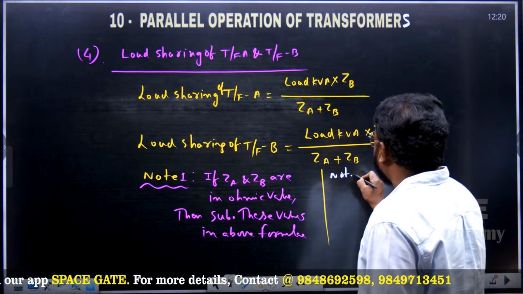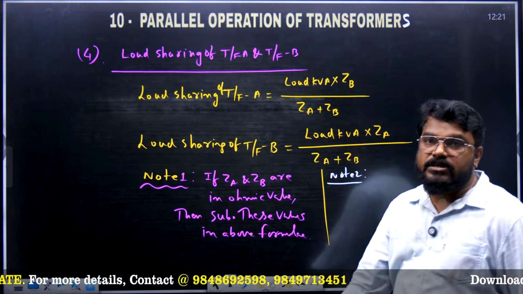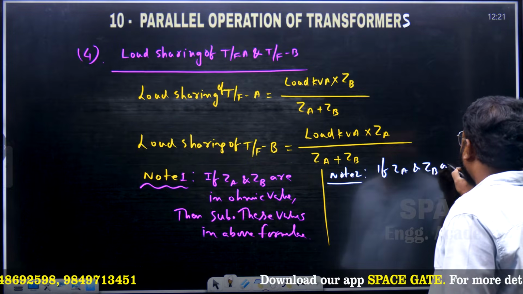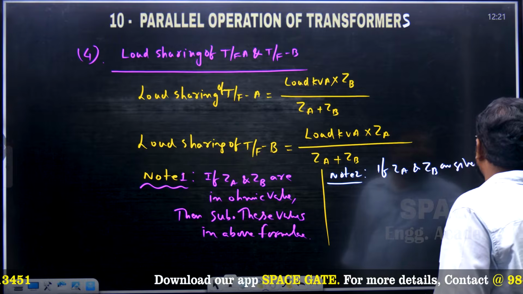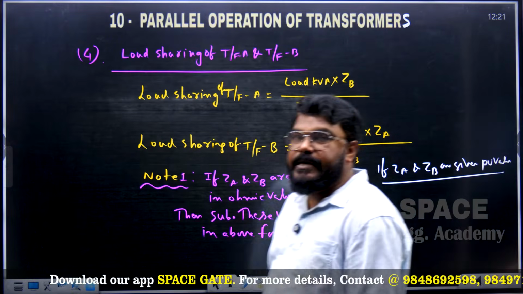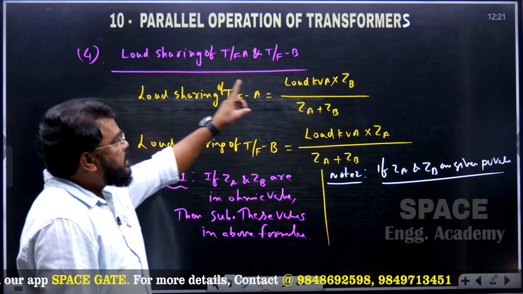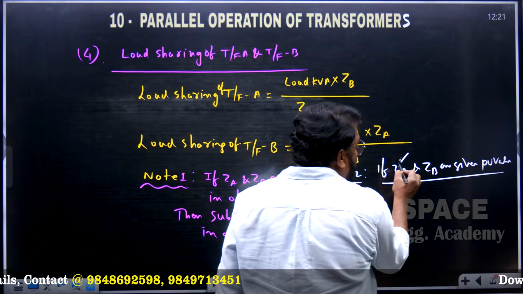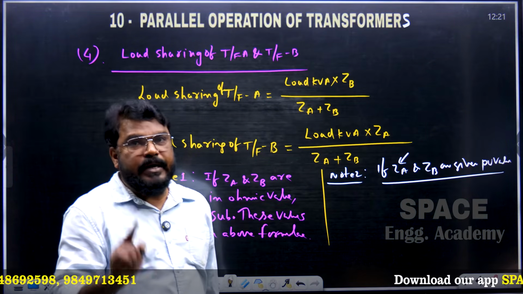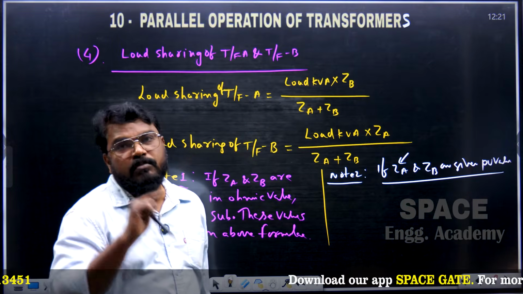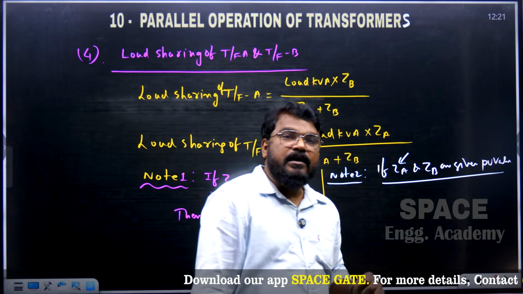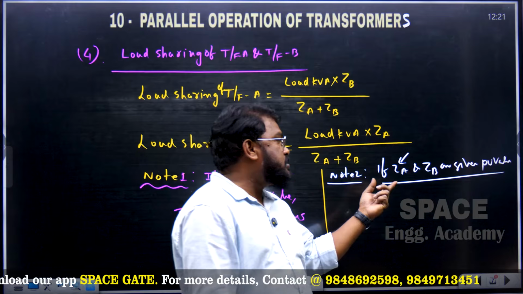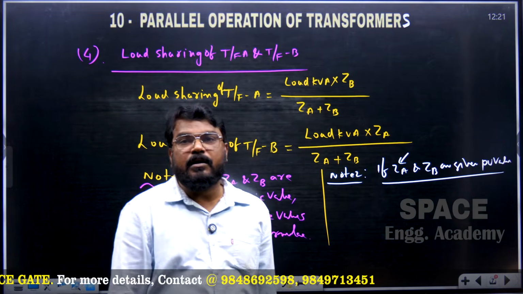Note number 2: ఓమిక్ వాల్యూస్లో ఇచ్చినప్పుడు ఓకే, కానీ if ZA and ZB are given in per unit values, అప్పుడు మనకు అడిగే క్వశ్చన్ వేరే ఉంటుంది. ఈ ZA అనేది per unit value of transformer A corresponding to base value of transformer A, and ZB అనేది per unit value of transformer B corresponding to base value of transformer B.